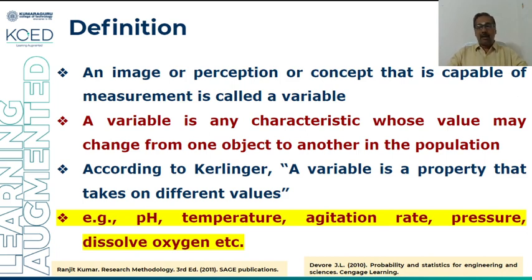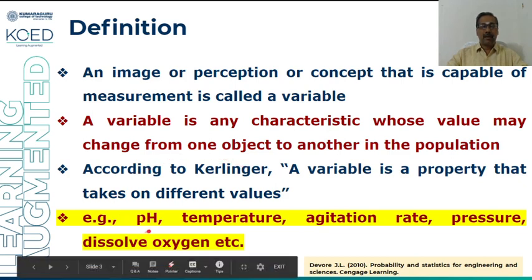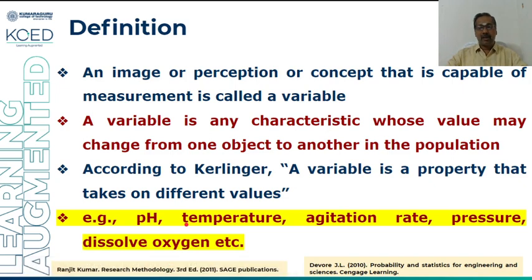According to Kerlinger, a variable is a property that takes on different values, as I have explained earlier. Classical examples of variables are pH, temperature, agitation rate, pressure, dissolved oxygen, carbon source, percentage of metal ions, etc. These are all classical examples of variables which we use in any biologically based experimentation.